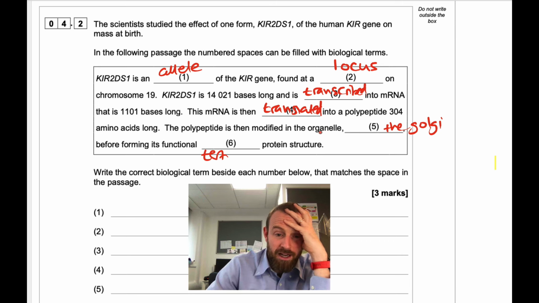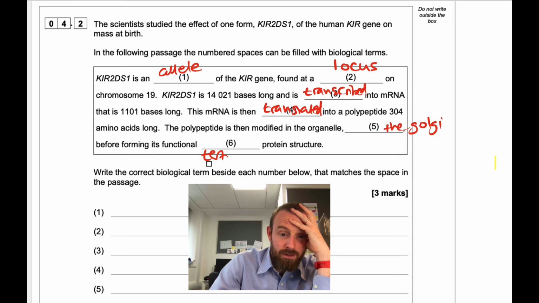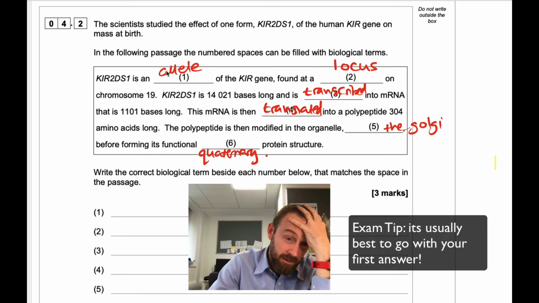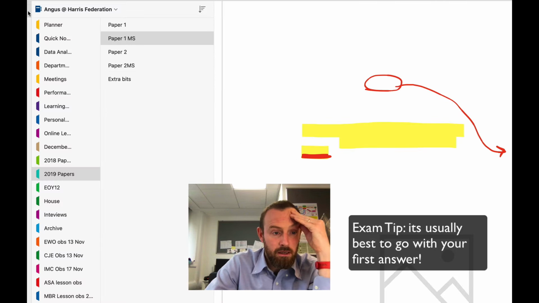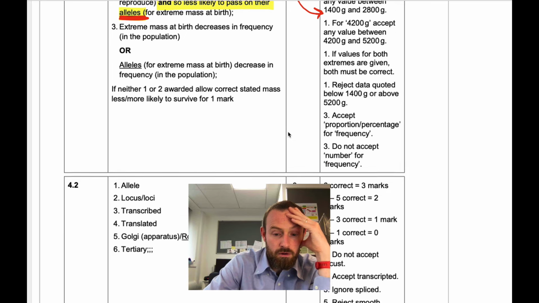Oh no, it says modified actually. Hang on a minute. Maybe I'd say quaternary. Oh, 50-50. Hopefully they'd accept both. I would probably say quaternary because it's modified, but I might be wrong on this. Let's see if I'm right or wrong.